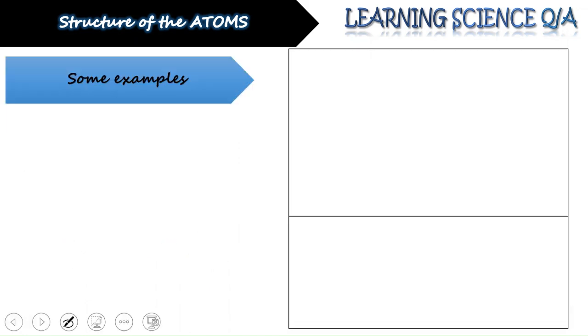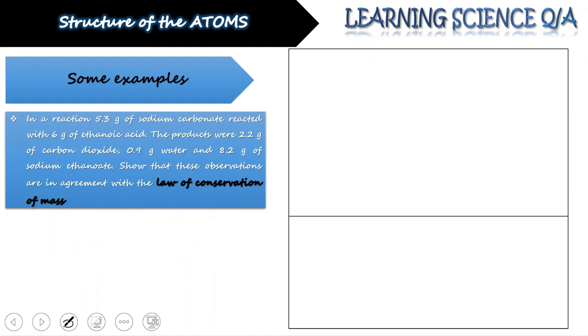Let's see some more examples. In a reaction, 5.3 gram of sodium carbonate reacts with 6 gram of ethanoic acid. So these are the reactant side. The products were 2.2 gram of carbon dioxide, 0.9 gram of water and 8.2 gram of sodium ethanoate.